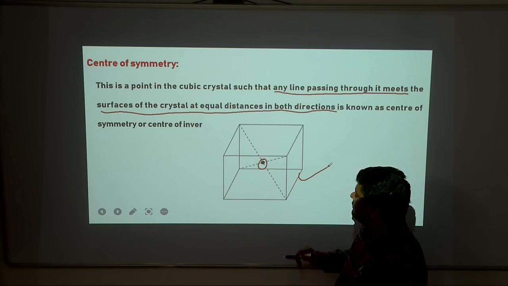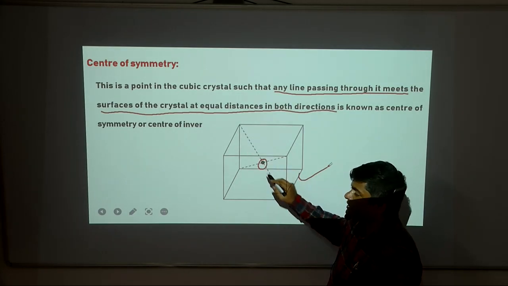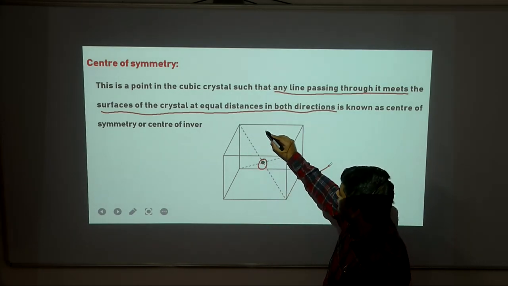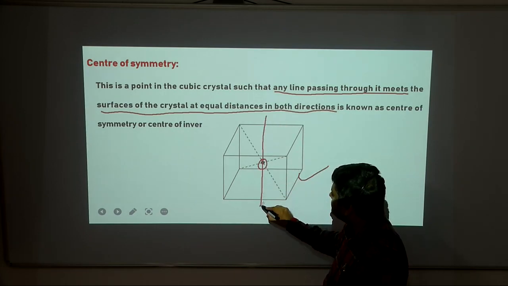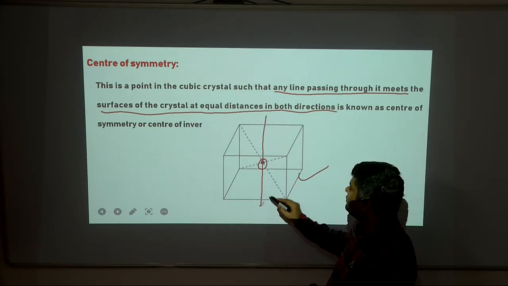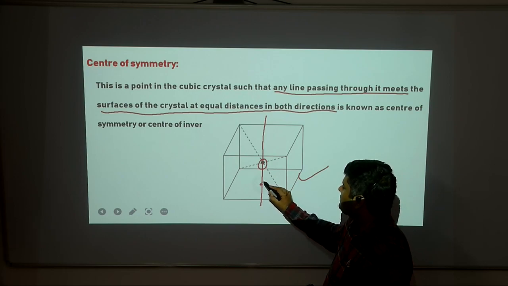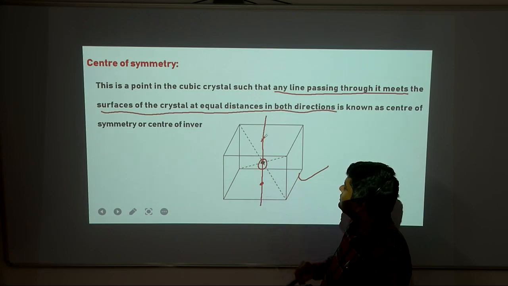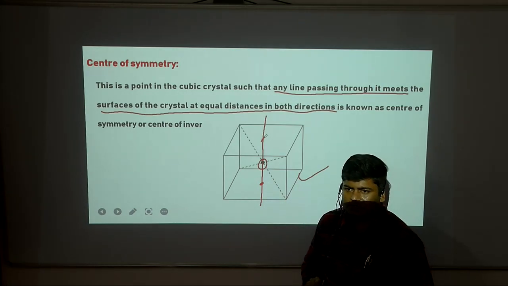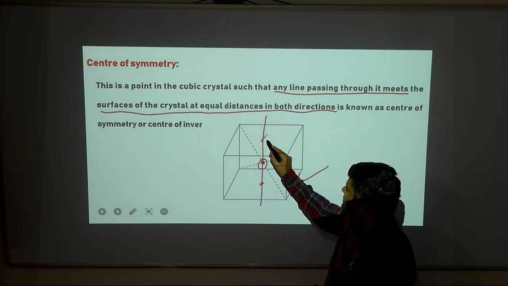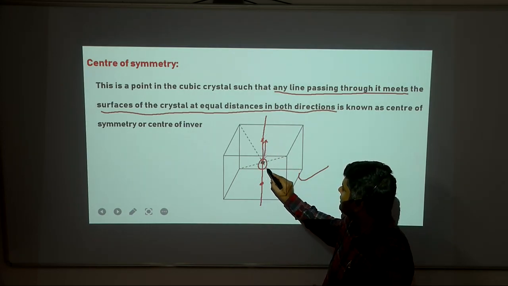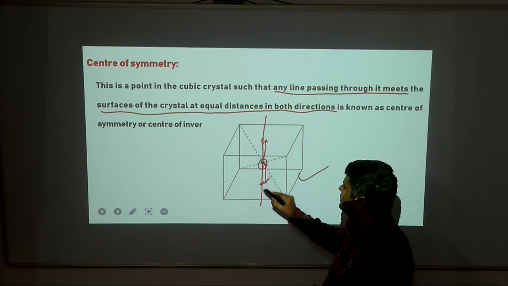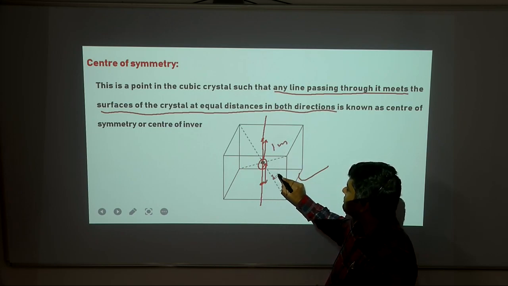If we pass a line from this point, it will meet the surface at equal distances in both directions. If this is the x distance, this will also be x distance, or if it is 1 meter, it will also be 1 meter.